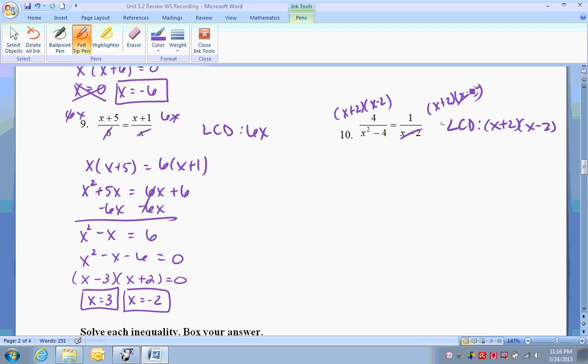I cross out what cancels. And remember, x plus 2 times x minus 2 is equivalent to the x squared minus 4, so they cancel. And you're left with 4 equals x plus 2 times x. Oh, what's the only thing left on this side is x plus 2.